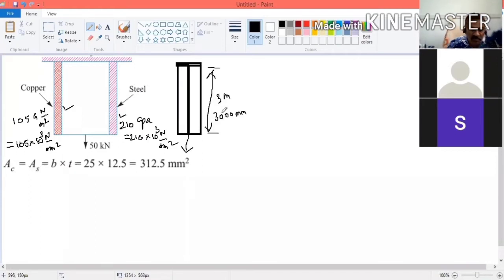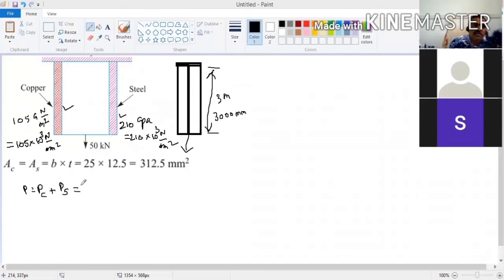Now you solve this problem. Write the total load. Total load P is equal to P1 — don't put P1, put PC plus PS. What is PC? Load shared by the copper. And PS is the load shared by the steel.